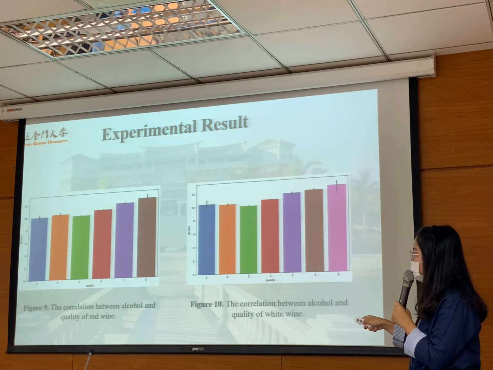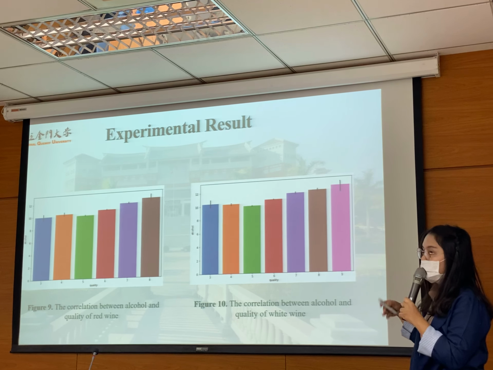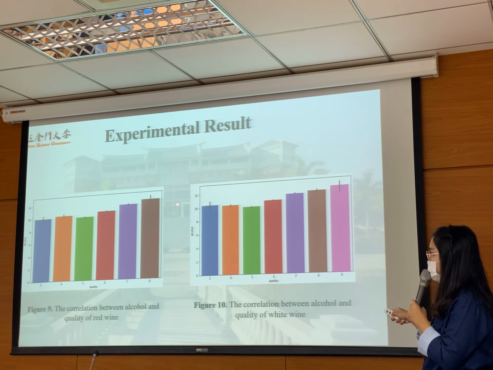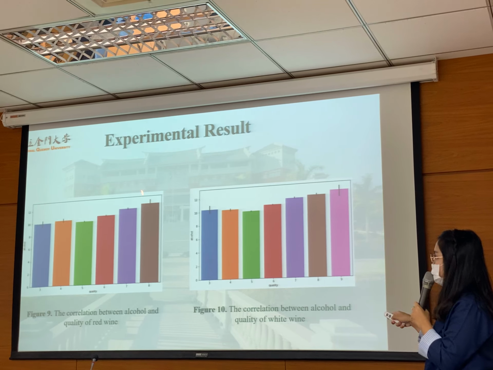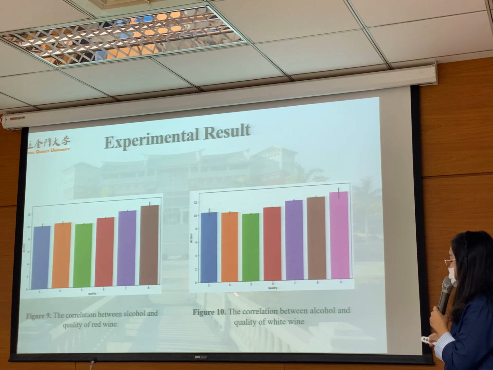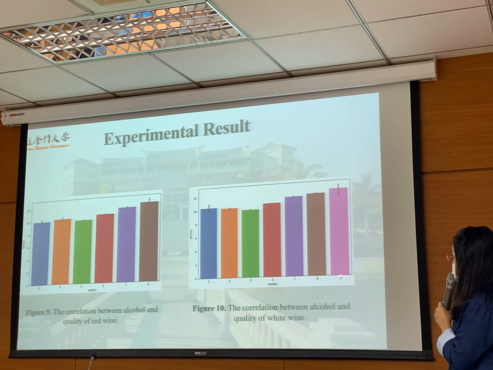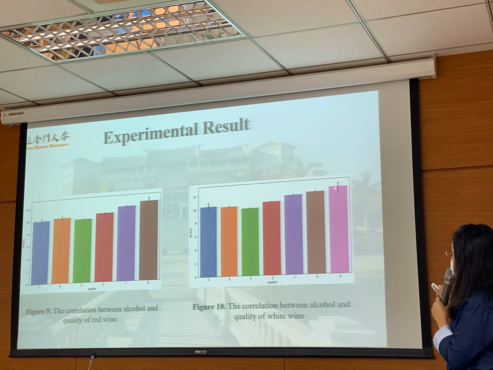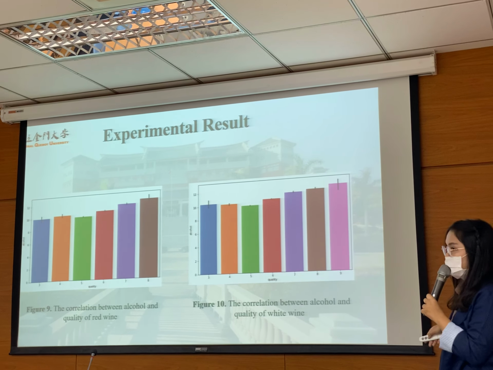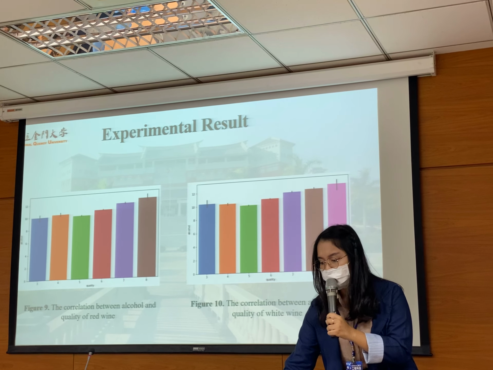The higher the value of the alcohol, the higher the quality of the wine. And here we can say that the white one has the range from very bad to very excellent, where very excellent equals 9, and the higher the alcohol, the better the quality of the white wine.